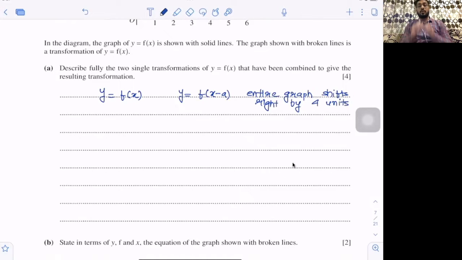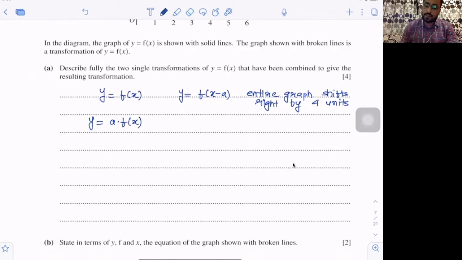And if there is a stretching that is happening, there is stretching happening in the vertical direction, or there is a stretching happening in the horizontal direction. Whenever it is happening in the vertical direction, you have a times of f of x. So y is equal to a times of f of x. So there is a stretch happening by a units. The function f of x will get stretched by a units in the vertical direction.